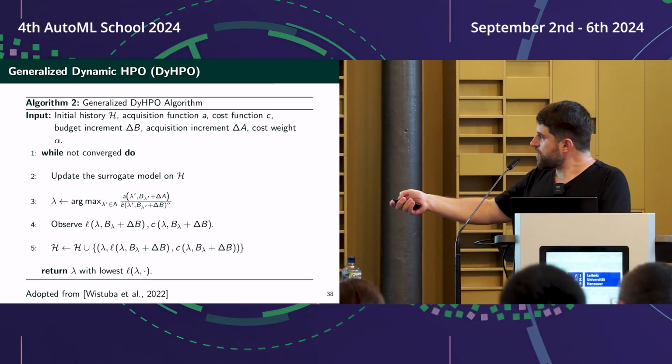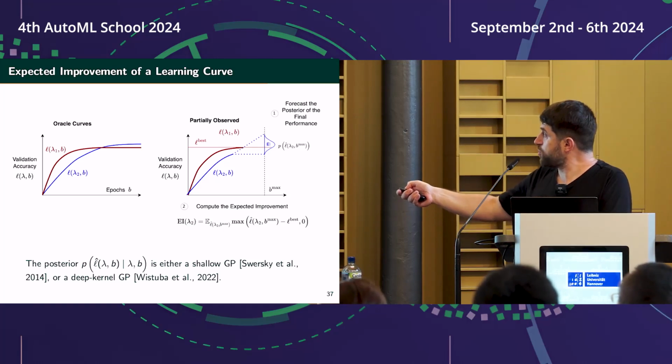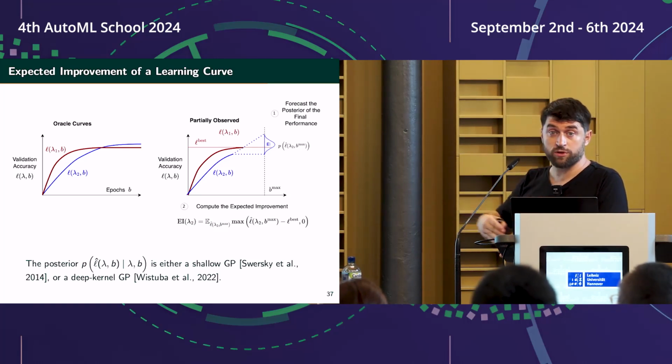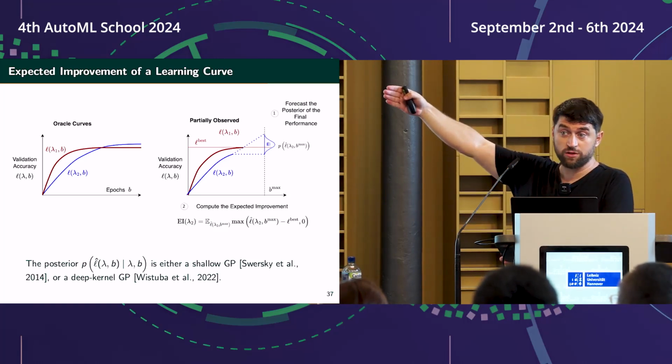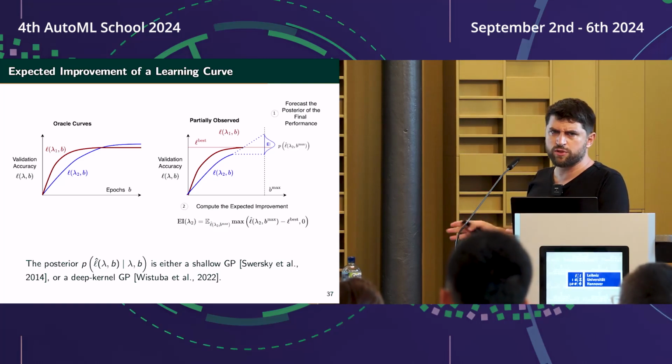And there is a point here. The point is, where do you want to look to see whether this curve will have a promising progression in terms of your prediction? Do you want to look at the next epoch? Do you want to look at the end of the optimization? This is a choice, a hyperparameter of your search technique. There are different approaches.